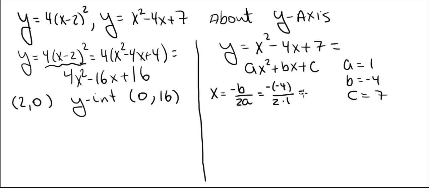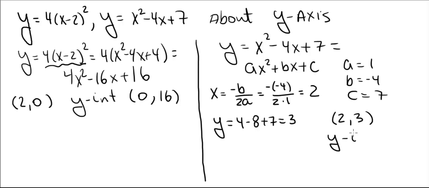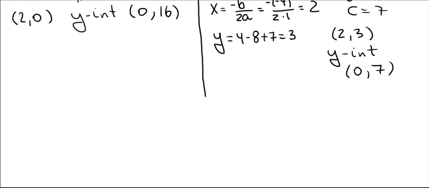That's 4 divided by 2, which is 2. To find the y-coordinate, we plug in 2 for x, so y will be 4 minus 8 plus 7, which is 3. So the vertex is the point (2, 3), and the y-intercept, plugging in 0 for x, we get (0, 7). Both parabolas open up because the coefficients of x squared are positive.